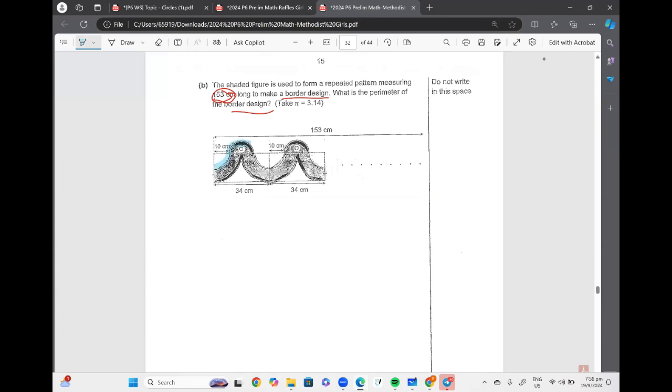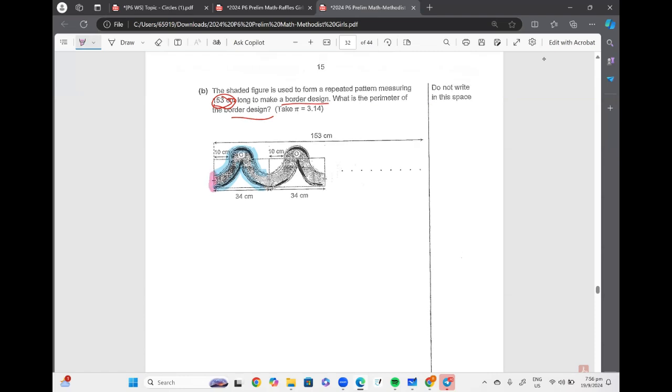Does it involve this? No, because the rest will all just be stuck together. The only time it involves is when it's at the start, which is here, and all the way at the end of the figure, the last figure.